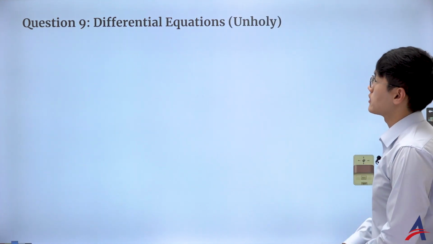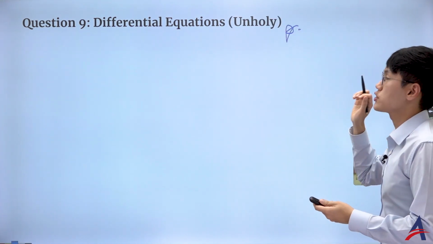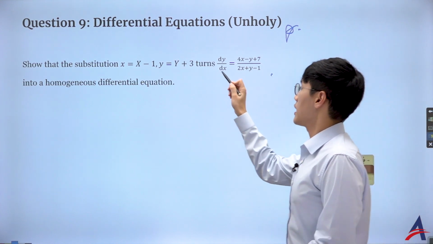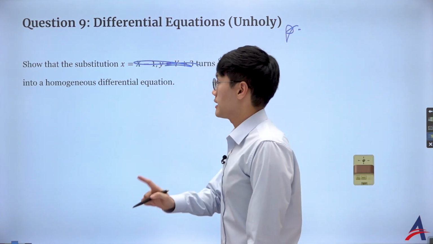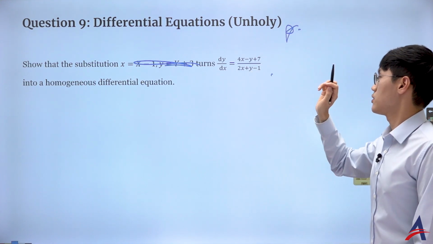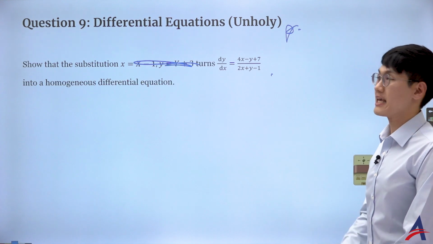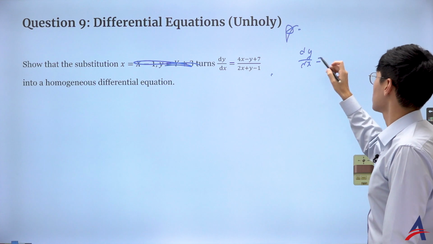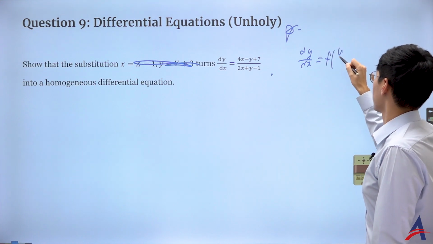But what I want to talk about is the unholy version of it. A more challenging form of separation of variables will be the following. Imagine I wasn't given these hints. In that case, if you look at the right-hand side, it's neither separable nor a homogeneous case. I cannot put dy over dx in this form without the hints as a function of y over x.